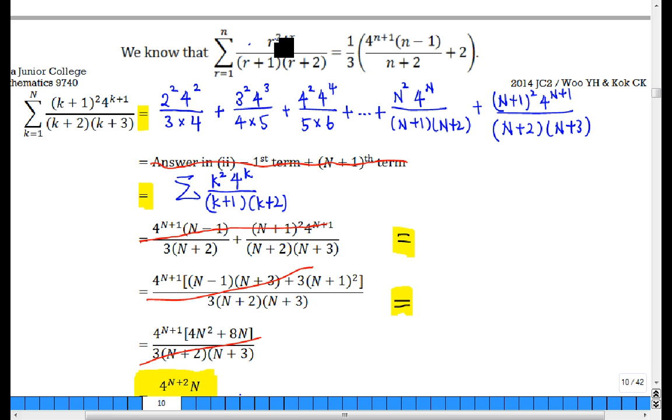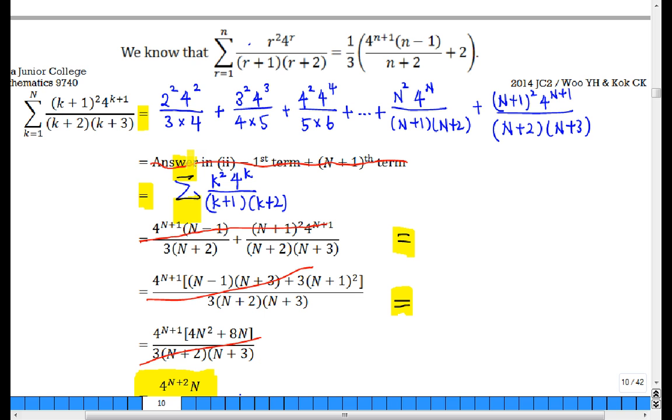I force feed this form in. I know somehow this can be written like that. The issue here is I don't know what the first term is, what the last term is. I will find out now. And if you are fast enough, you can write it on your own.